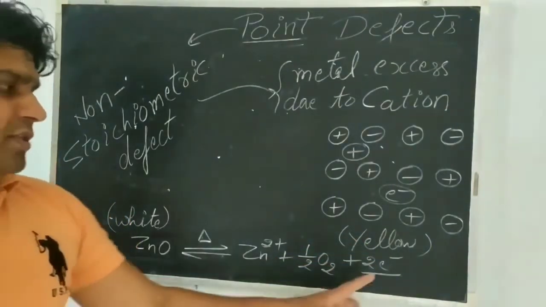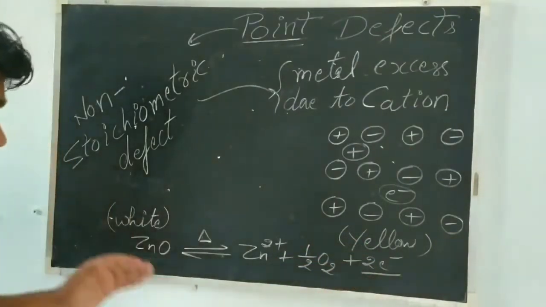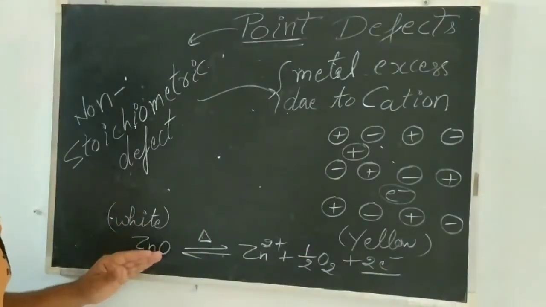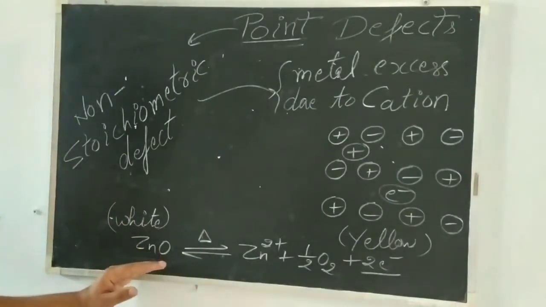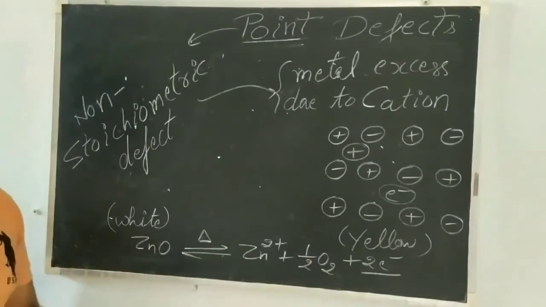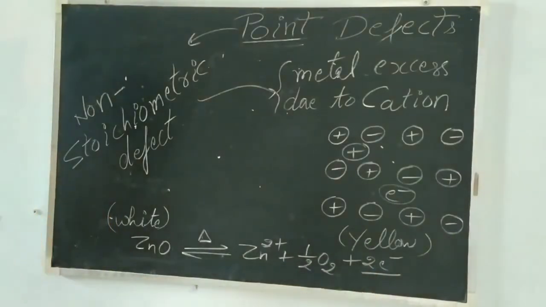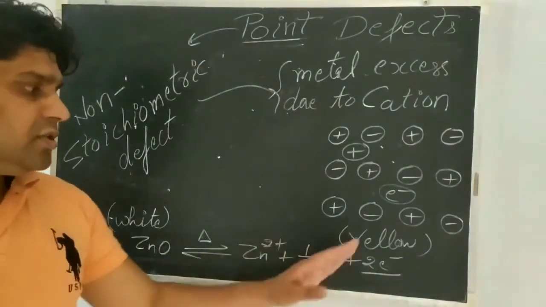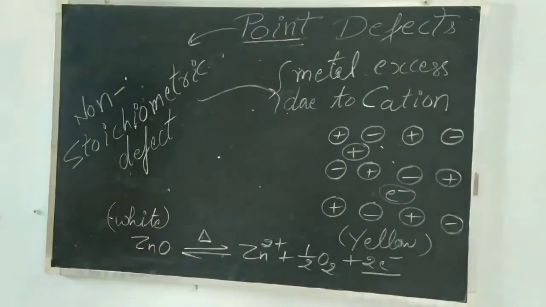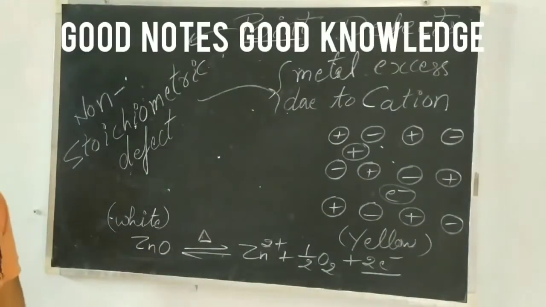Due to the presence of free electrons, the conductivity of zinc oxide also increases. We know that ionic compounds are bad conductors of electricity, but after heating they become good conductors because zinc oxide releases 2 electrons, which increase its conductivity.